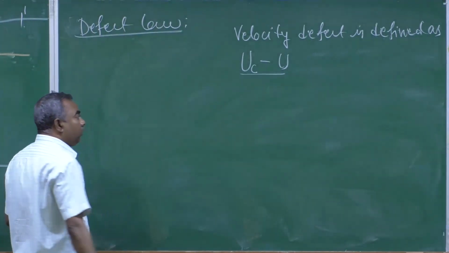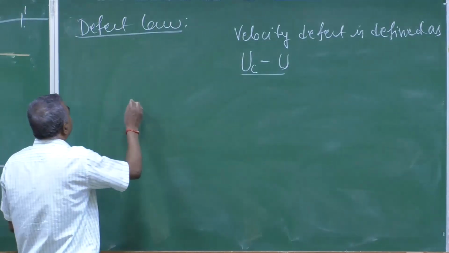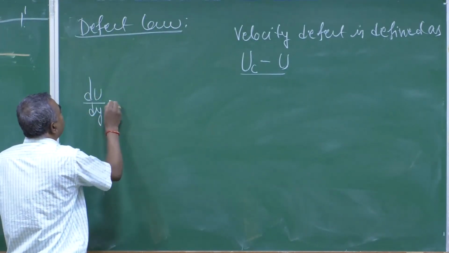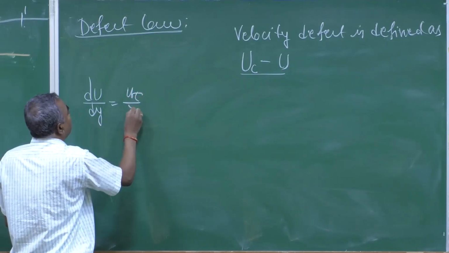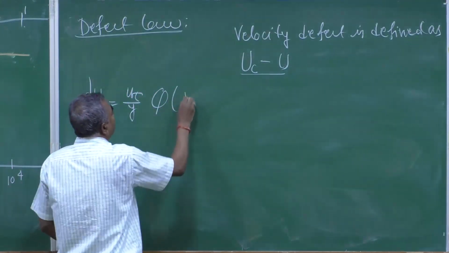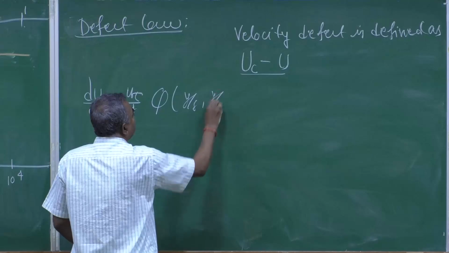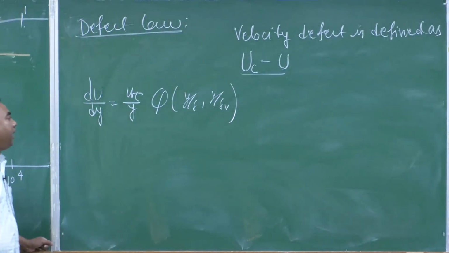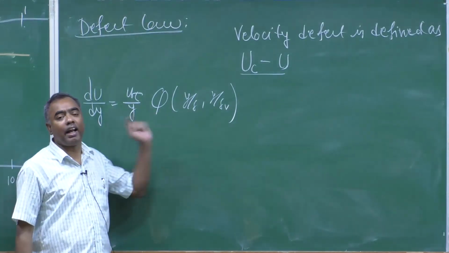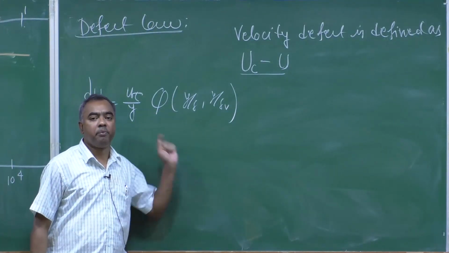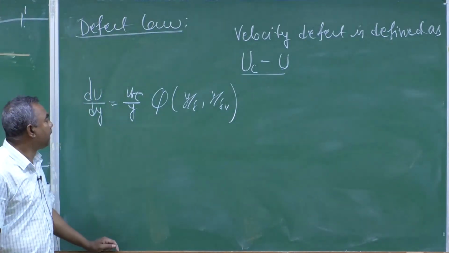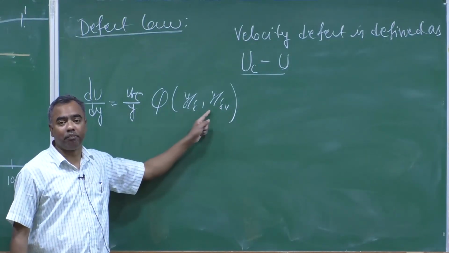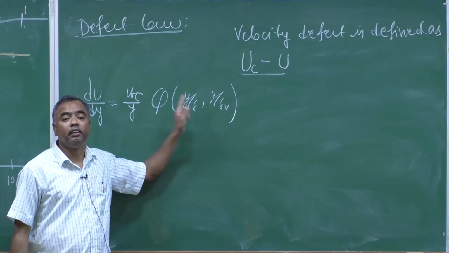Anyway, if you remember our dimensional arguments, du dy can be written as u tau over y times phi of y by delta and v. Now, if you are far away from the wall, we can argue that the dependence on viscosity is negligible.